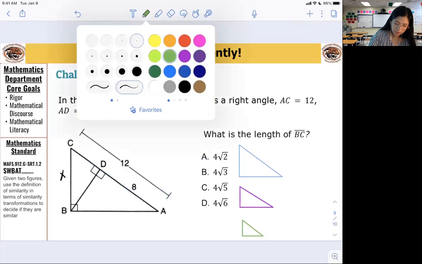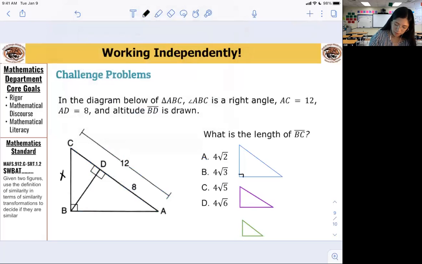Okay. On the big triangle, I label everything. This is X. What's the hypotenuse? Good. Hypotenuse is 12. And we'll call this bottom section Y. On my medium triangle, let me highlight it.